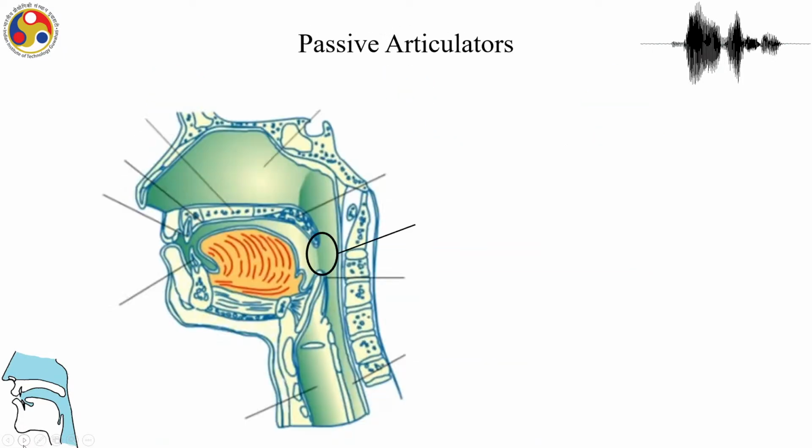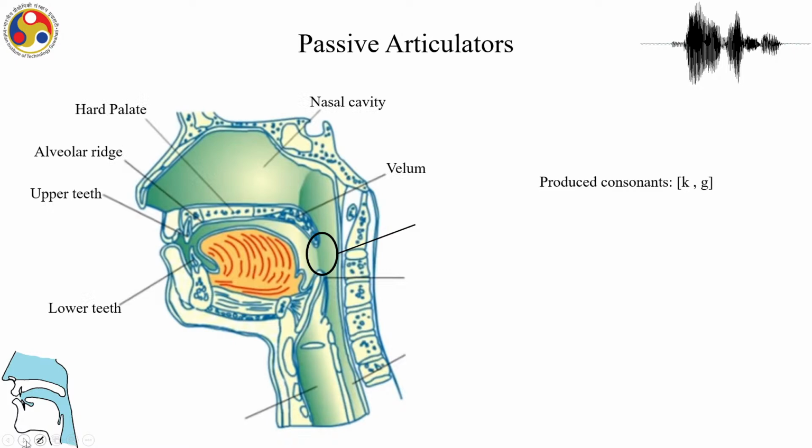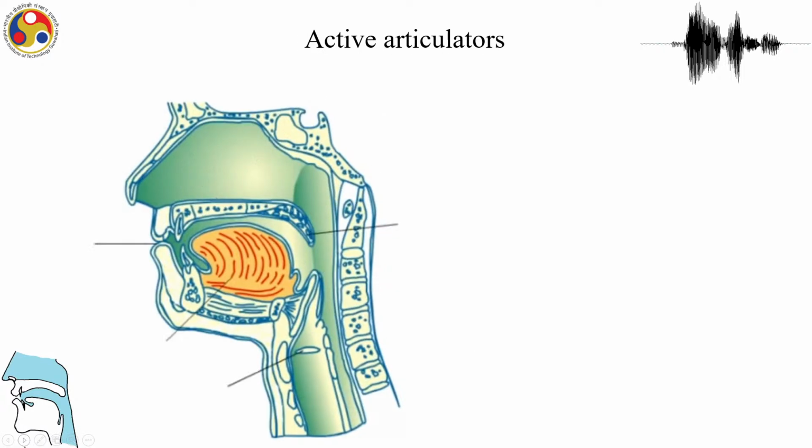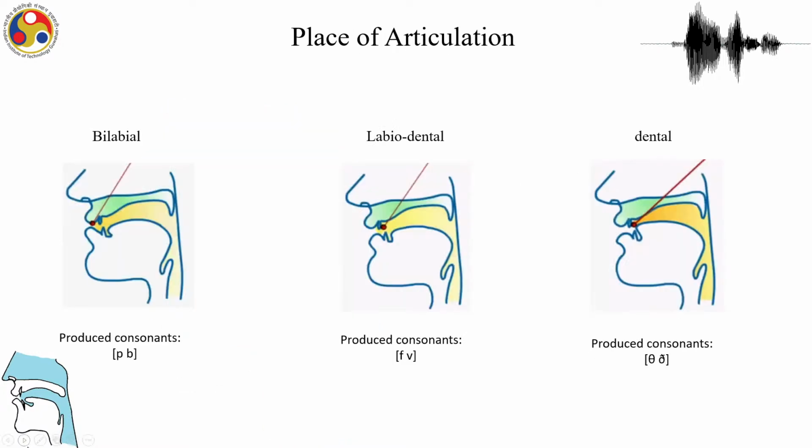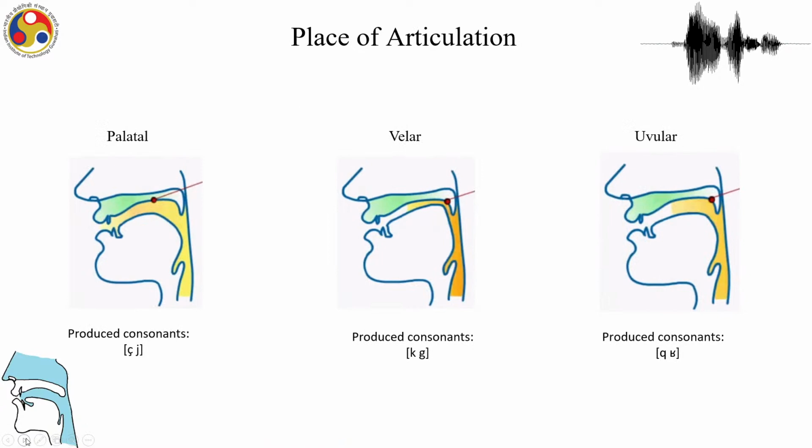Those are the mechanisms and the articulators, and we have seen the passive articulators, the active articulators, and all the relevant properties of these different articulators that are very important in understanding how one sound is different from the other sound. Okay, so again, we talked about manner of articulation.